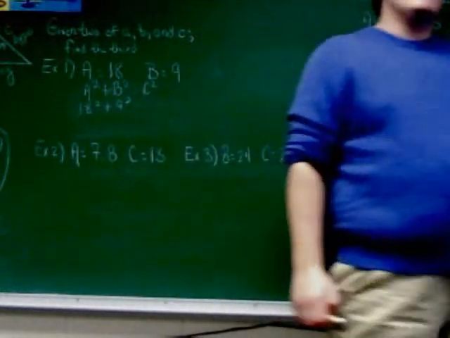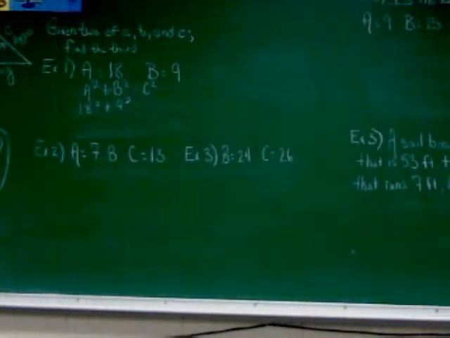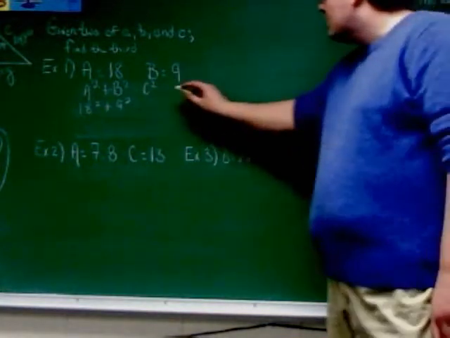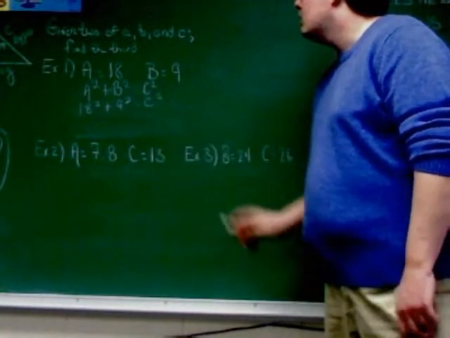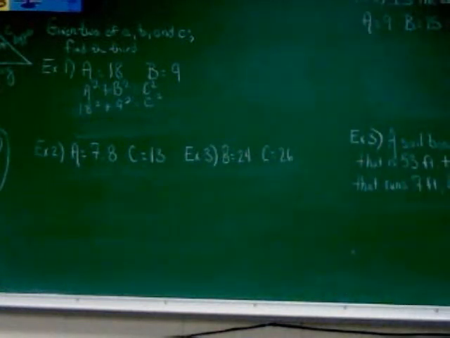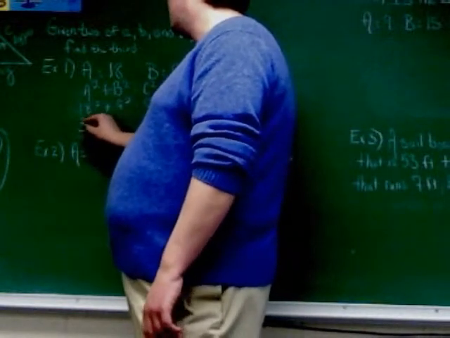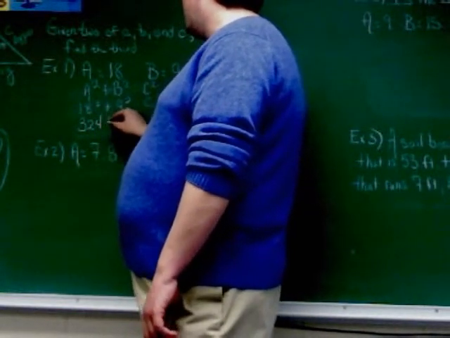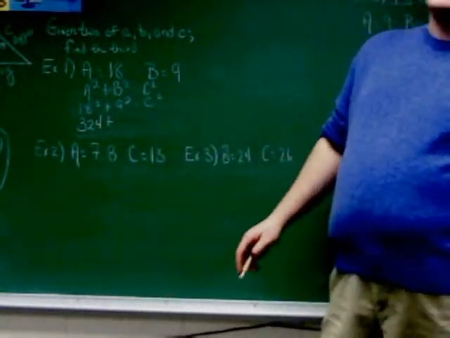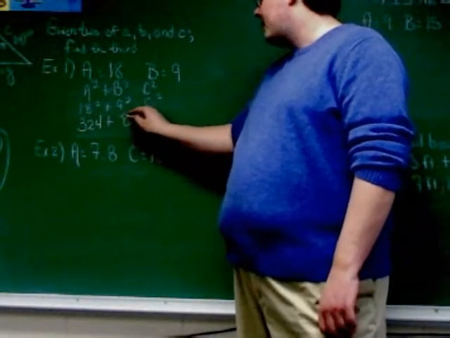As far as c squared, there's nothing at this moment I can do with it other than call it c squared. Now, 18 squared and 9 squared can be simplified. 18 squared equals 324. 9 squared, well, you know that one, is going to make 81.